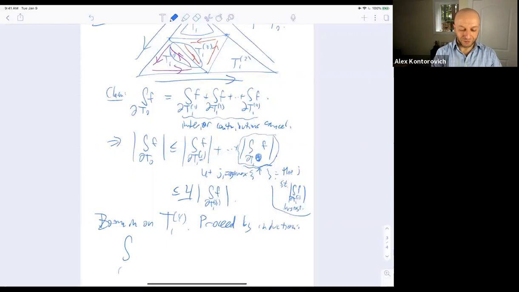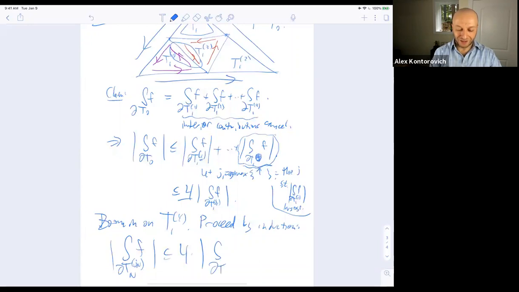So when I have the closed integral of the boundary of Tn Jn, whoever was the largest guy, that integral of f will be bounded in absolute value by 4 times the integral over T n plus 1, J n plus 1, whoever the worst guy is as you go farther in.